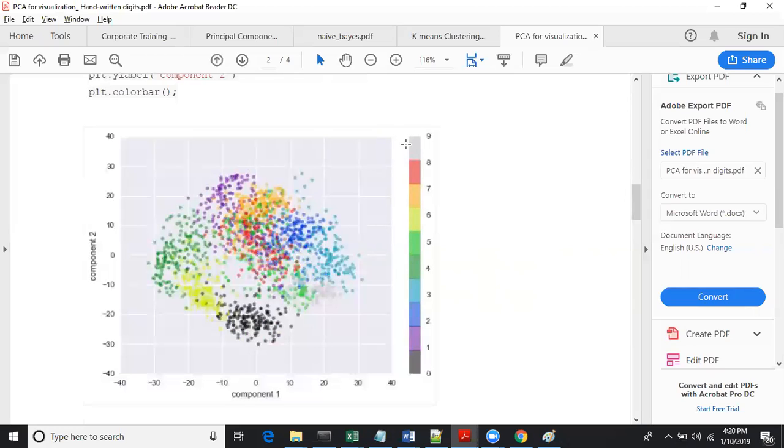The 9 is this one, the 8 is this one, and we are representing them in the 2-dimensional space. So I think you are missing something, right? It's a little bit different. Further down I'll show how to find out how many components are actually required.